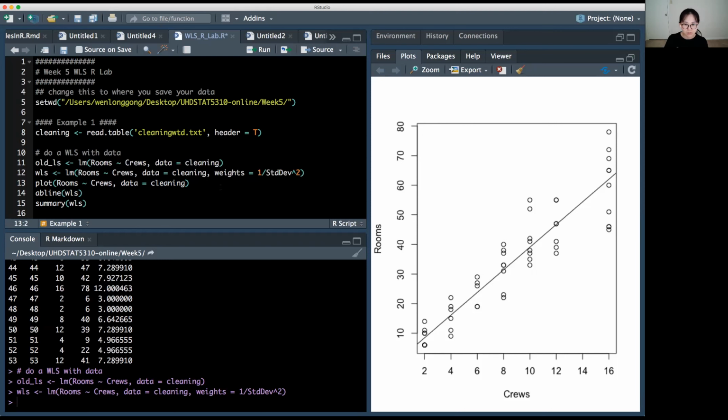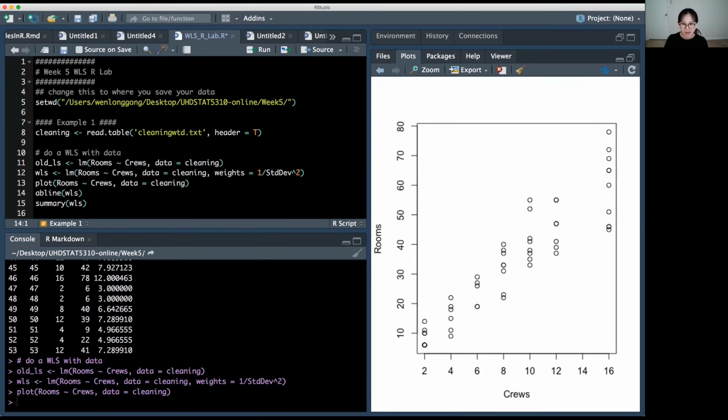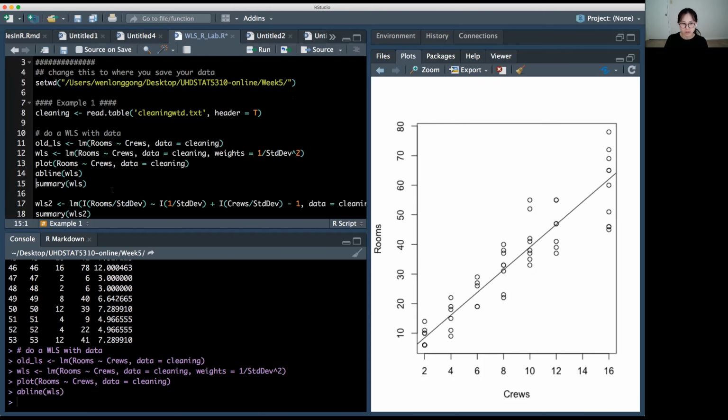If we plot the data, and add the line from our weighted least square model, it looks good, right?